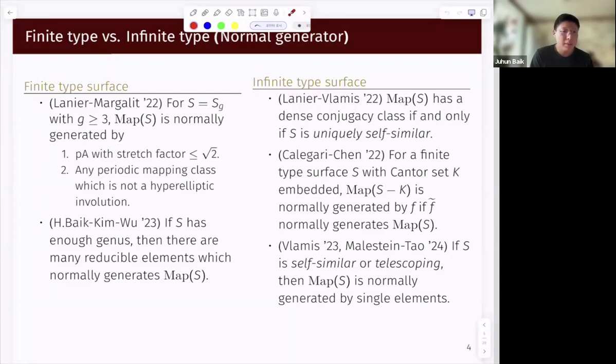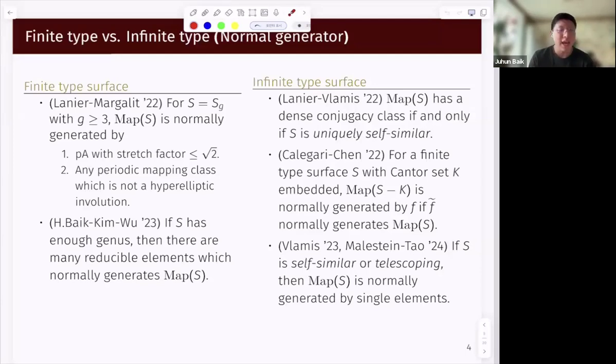So there are many normal generators of mapping class groups. Normal generator means you have an element whose normal closure is the whole group.